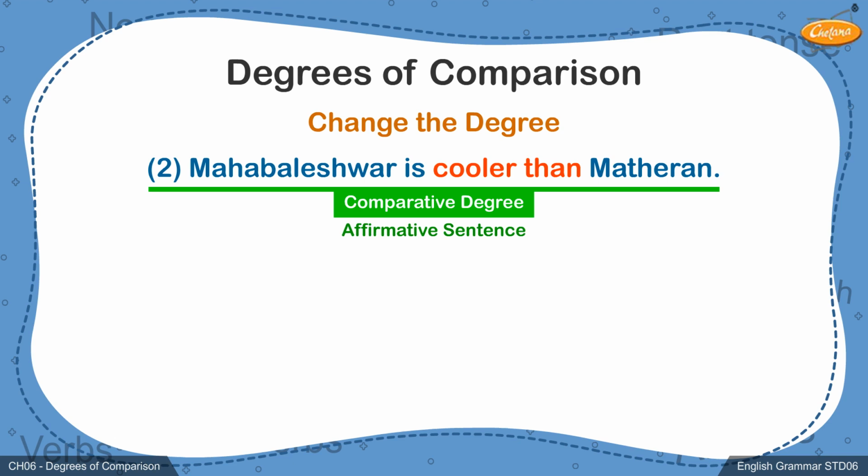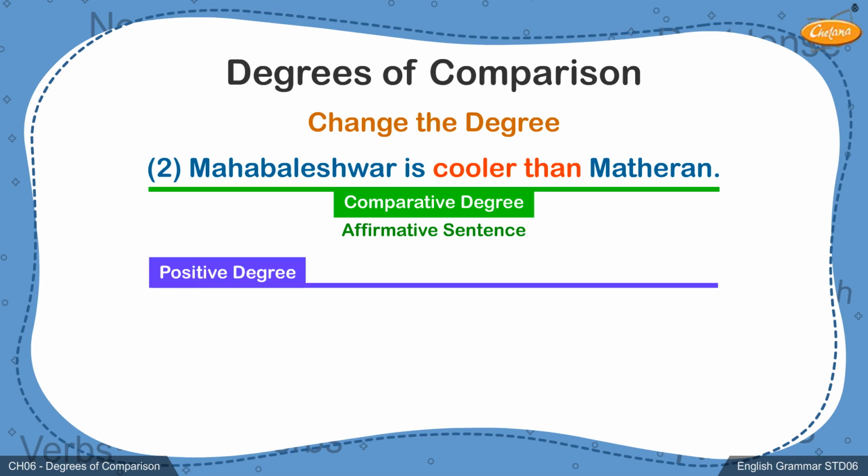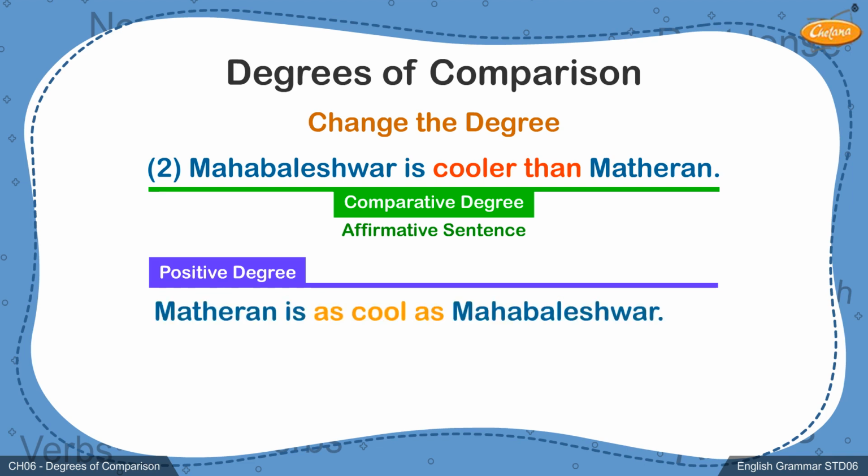While rewriting this sentence in positive degree, we should see that the meaning does not change. If we write, Matheran is as cool as Mahabaleshwar, the meaning of the original sentence will change. Therefore, we will introduce a negative word, not, in the positive degree.